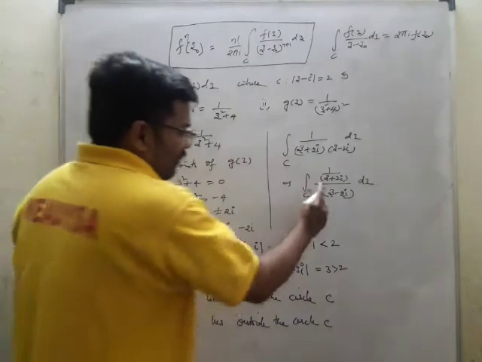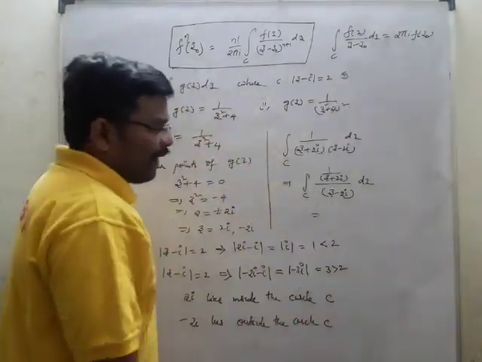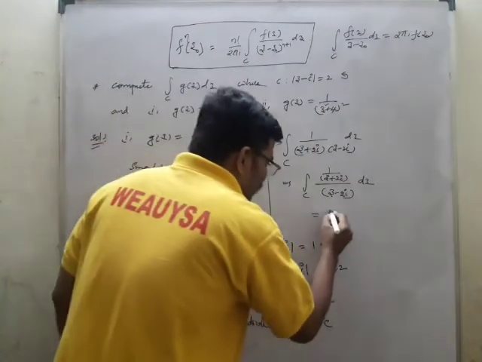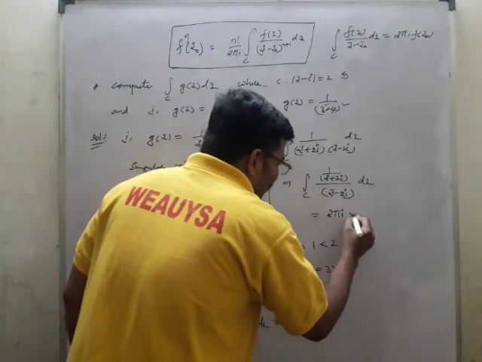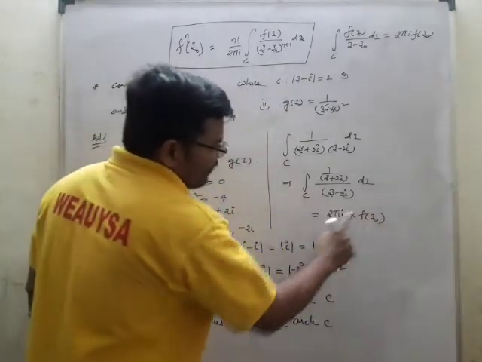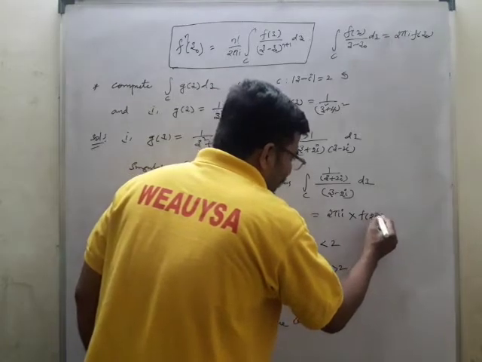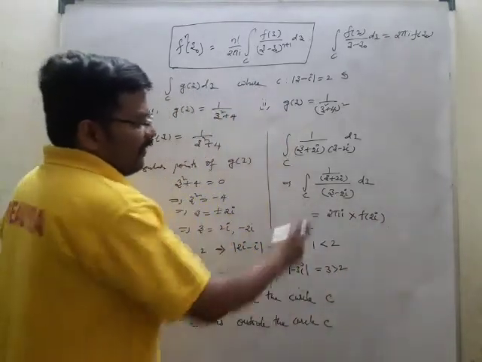So by using Cauchy's integral formula, it is 2 pi i into f of z naught. What is f of z naught? In the place of z naught I am writing 2i here, because z naught is 2i, and f of z is this.